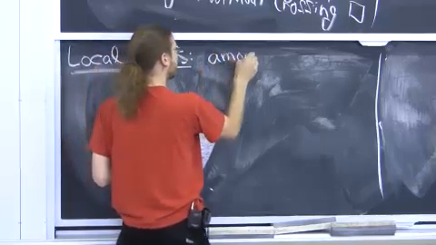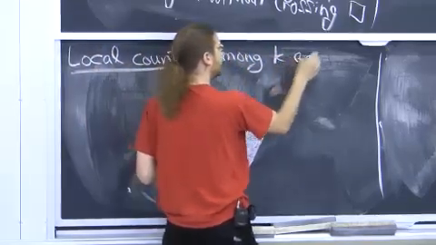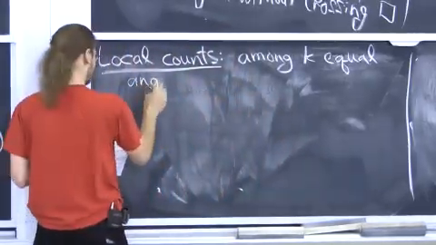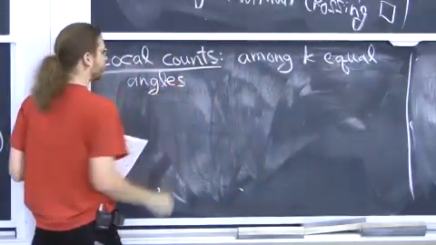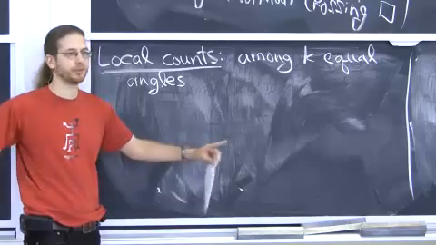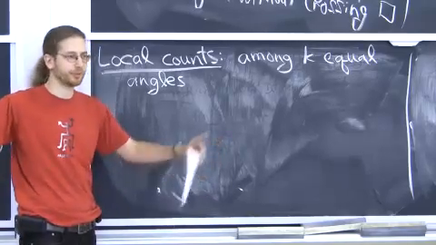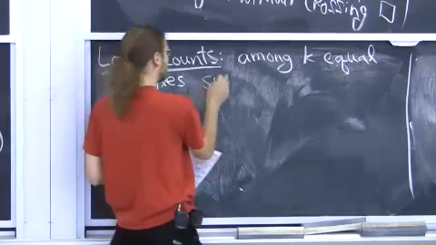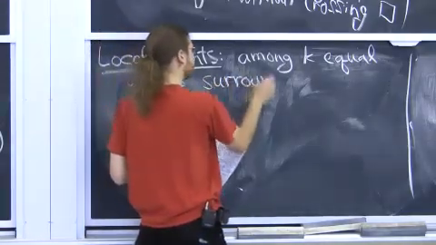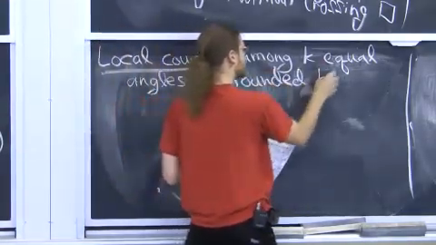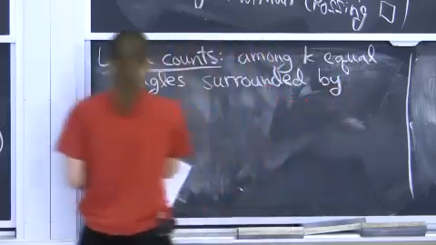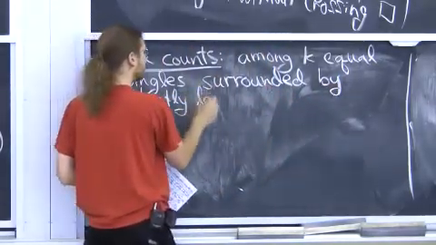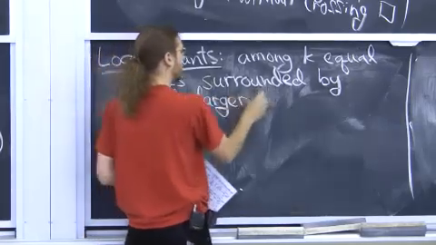So let's think about k equal angles. I want that to be a maximal sequence of equal angles, so the ones right after and right before are different. And furthermore, I'm going to assume that they're strictly larger angles.